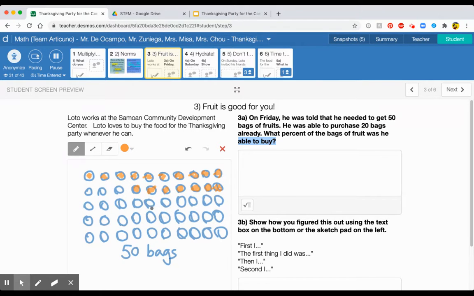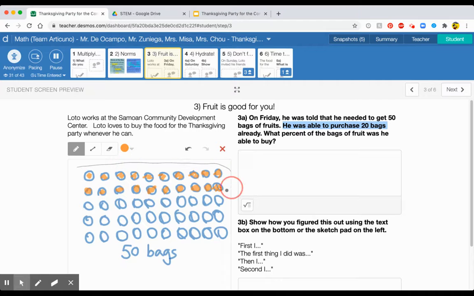So one way to do this problem is to draw the 50 bags of fruits that Loto needed to get. So here's 10 bags, 20 bags, 30 bags, 40 bags, 50 bags. Remember, he was already able to buy 20 bags, so I'm going to mark 20 of these. 18, 19, 20.